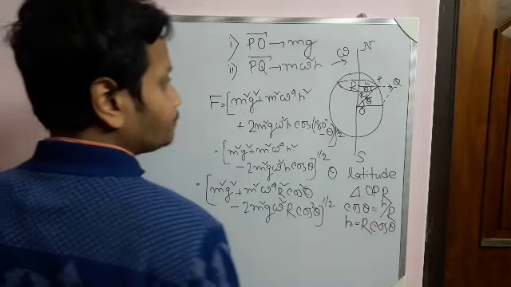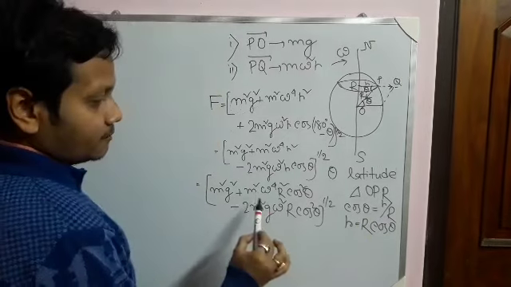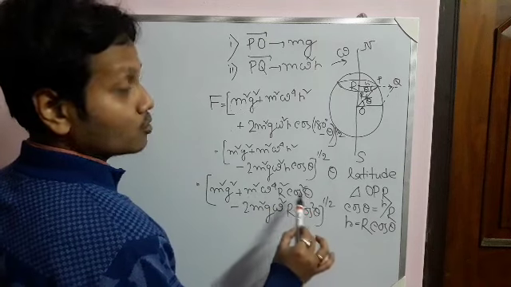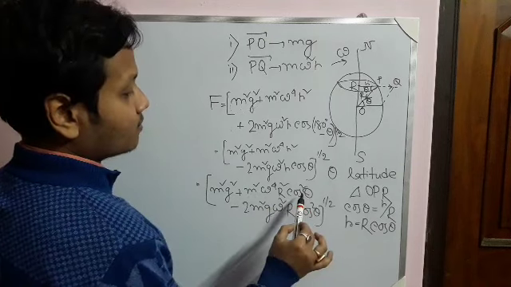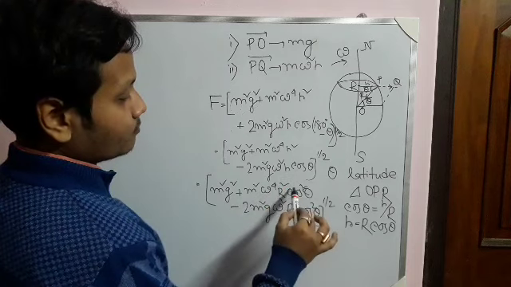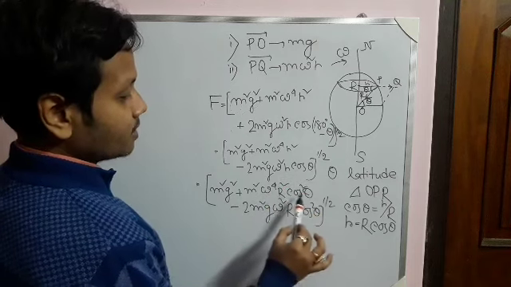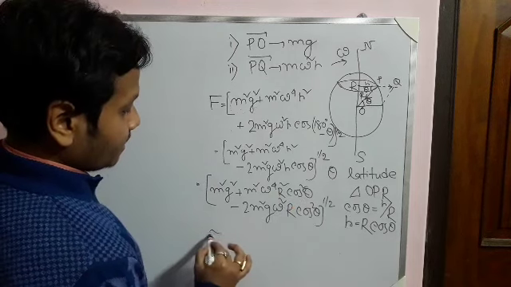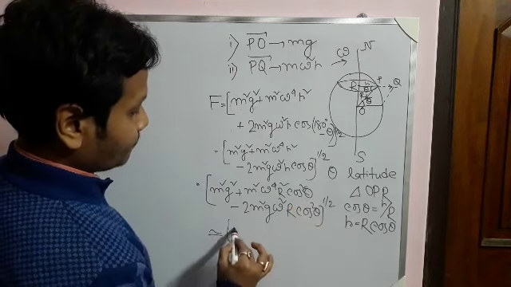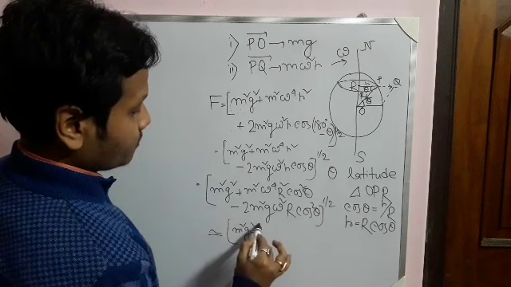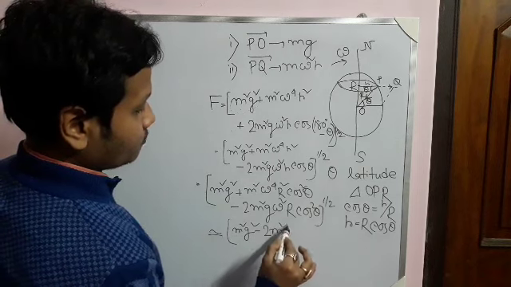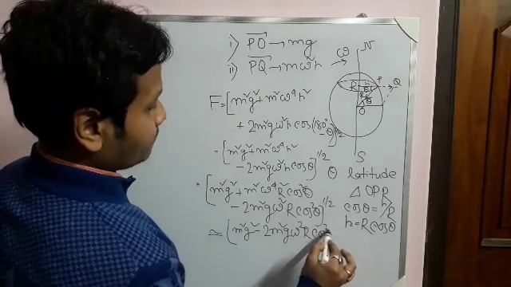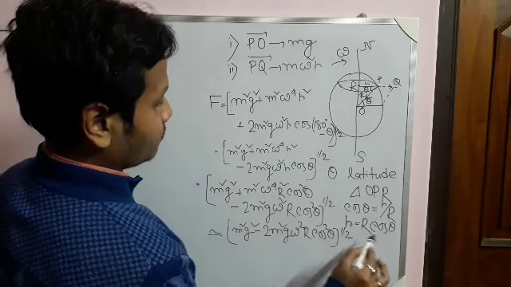Now just see carefully that this term, m square omega to the power 4 R square cos square theta, is a very small term, so we can neglect it. After neglecting this term, what we get is: m square g square minus 2 m square g omega square R cos square theta, whole to the power half.